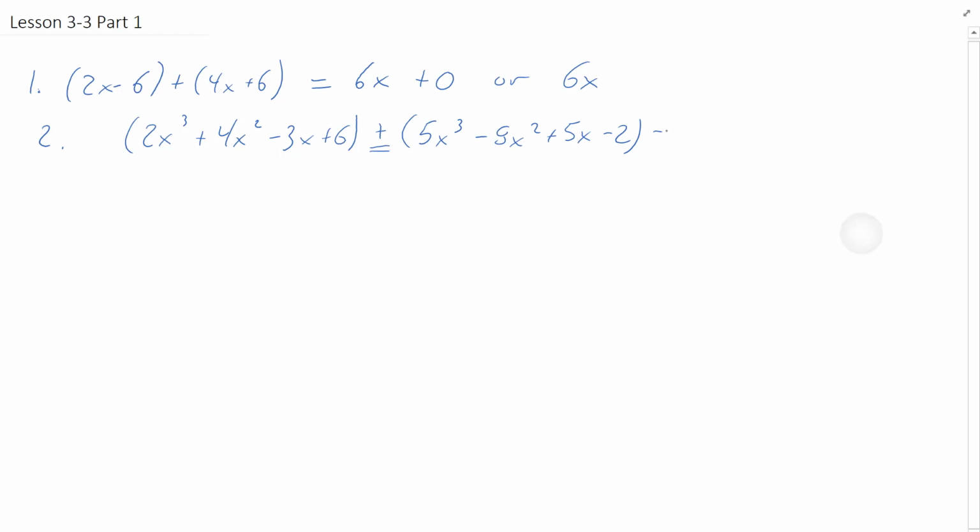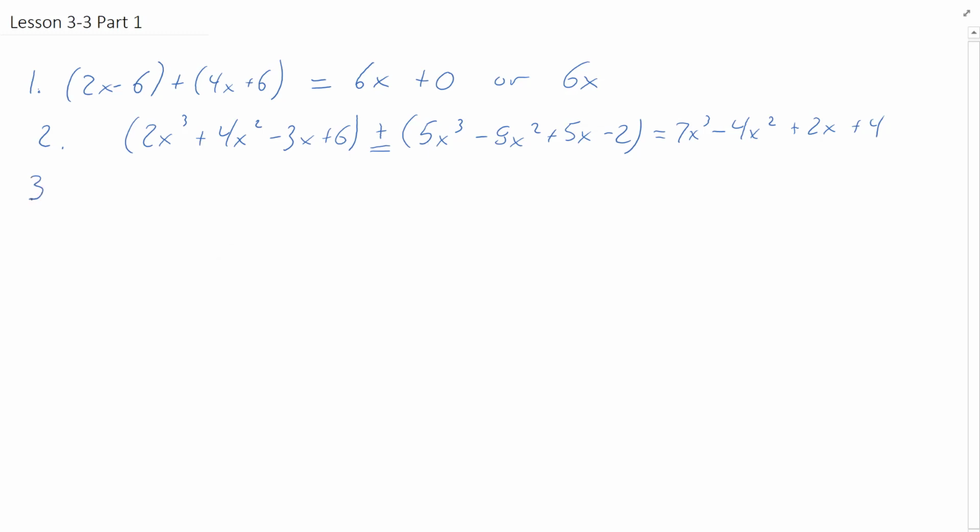So this is going to end up being equal to 7x to the third minus 4x squared plus 2x plus 4. We combine the 2x cubed and the 5x cubed to get 7x cubed. We combine the 4x squared and the negative 8x squared to get negative 4x squared. We combine the negative 3x and the 5x to get 2x, and the 6 and negative 2 make 4.